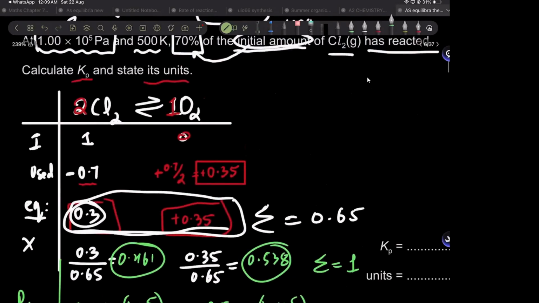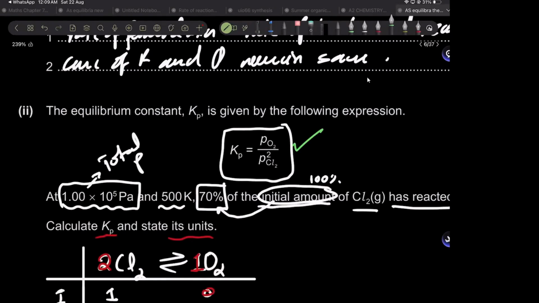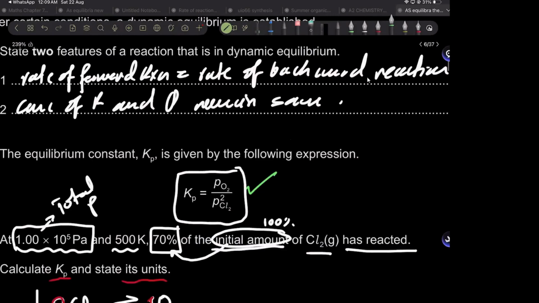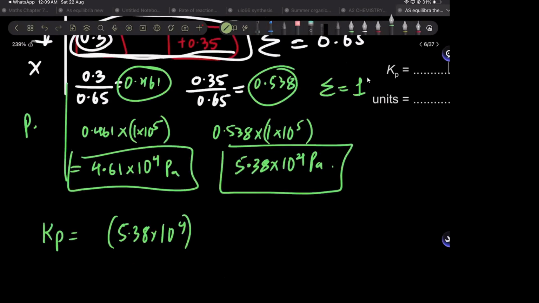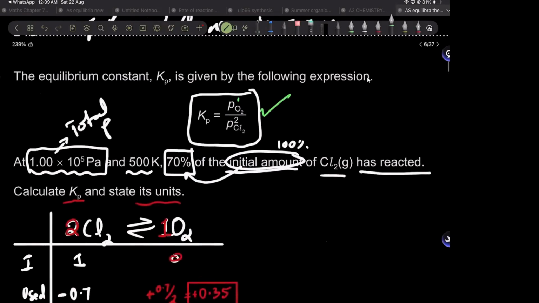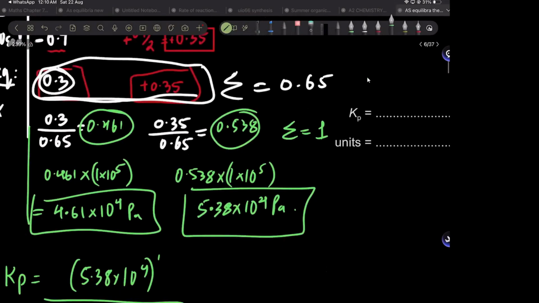Can I insert them in the Kp expression and find the Kp value? Yes. So Kp is equal to the partial pressure of O2 to the power 1, since on the right hand side it's power 1, divided by the partial pressure of Cl2 on the left hand side, squared.